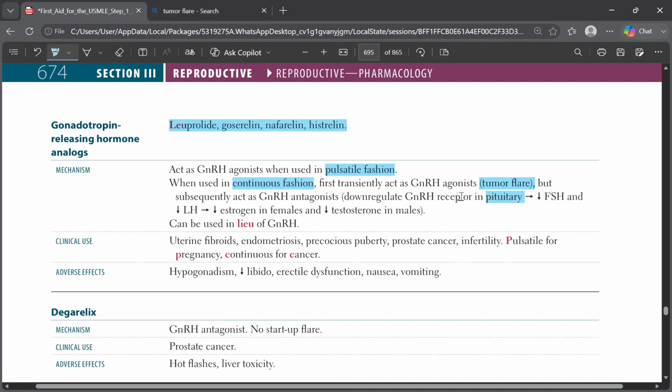The receptors in the pituitary are going to downregulate, so the pituitary is going to produce less FSH and less LH. And so the hormonal response is inhibited and decreased, and so the estrogen and testosterone is going to decrease. So these analogs will act as antagonists when they are used in a continuous fashion.